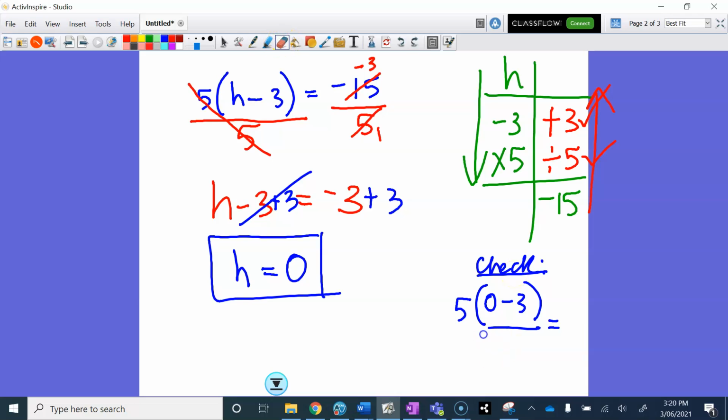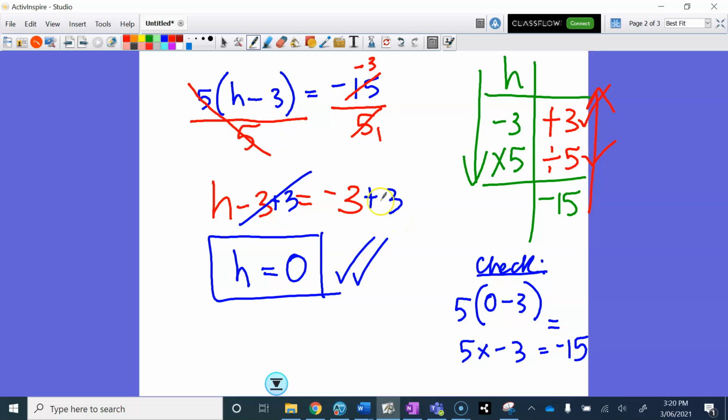That wasn't the equation in the first place. It was just 5 lots of h minus 3. Oops. And what I'm expecting is my answer to be negative 15. And in fact, it would be negative 15 because 0 take away 3 is negative 3. So 5 times negative 3 is negative 15.